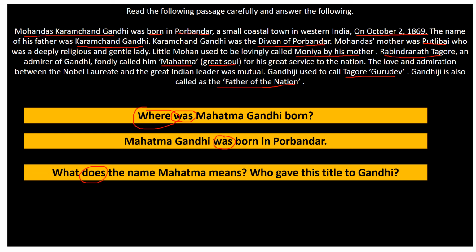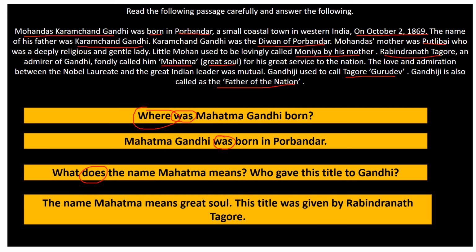And who gave this title to Gandhi? Rabindranath Tagore, an admirer of Gandhi, fondly called him Mahatma. So my answer is Rabindranath Tagore. So the name Mahatma means great soul, present tense. Who gave, past tense. This title was given by Rabindranath Tagore, with R capital, T capital, and Mahatma with M capital. So in this manner, you can see how easy it is to find answers if you follow the trick.